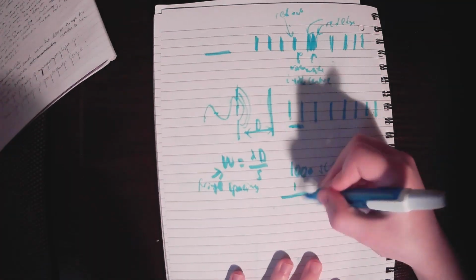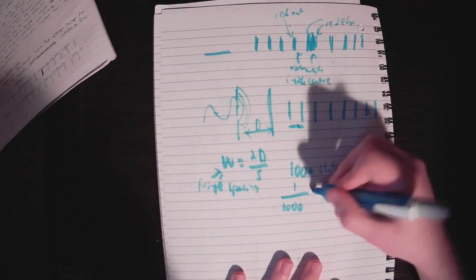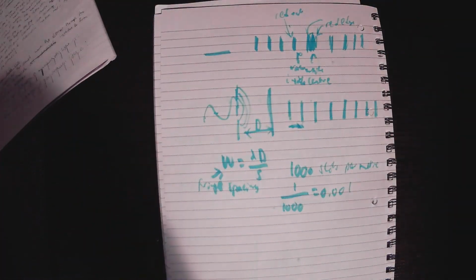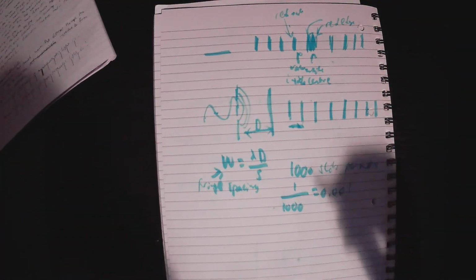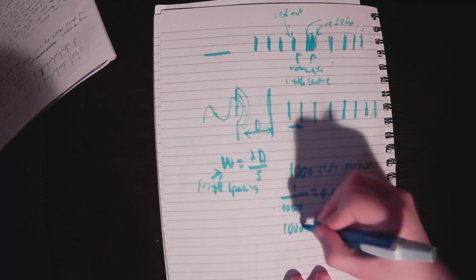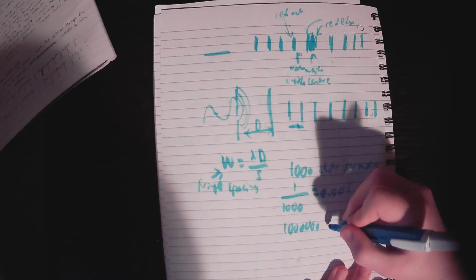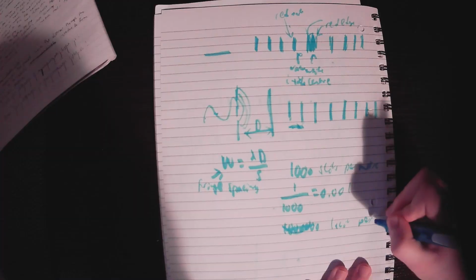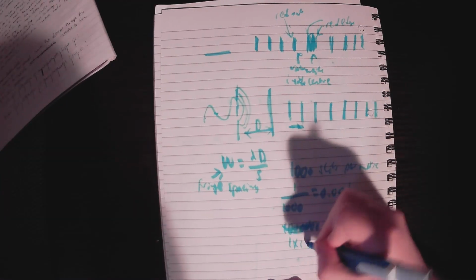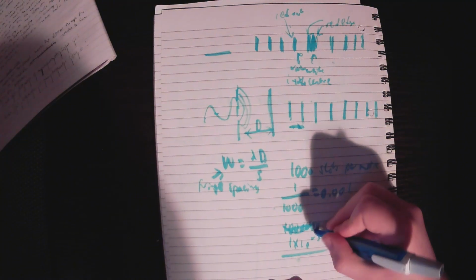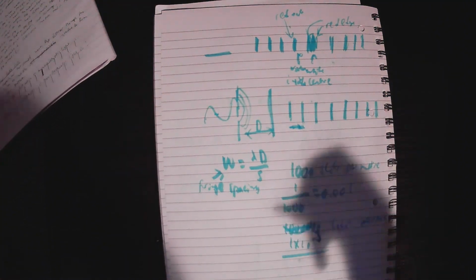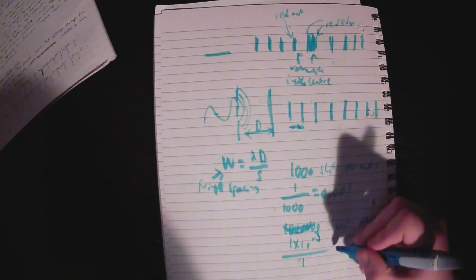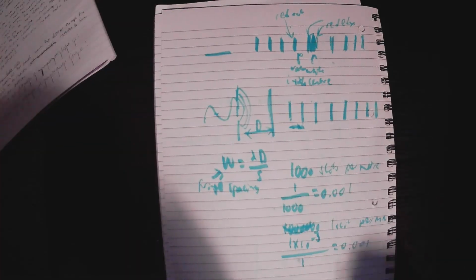What I have to do is 1 over 1,000 to find the slit separation. Alternatively, it could tell you 1 slit per millimeter. In that case, you'll have to do 1 times 10 to the minus 3, because that's the unit conversion from millimeters to meters, over the amount of slits per that length, which is 1, and that will get us the exact same result of 0.001.